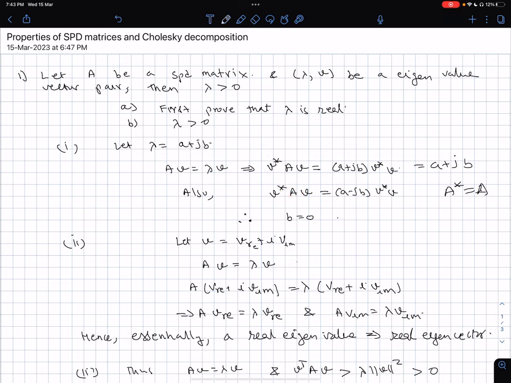So taking a complete conjugate of this again gives me the same thing, and this is unity, this also remains one only.